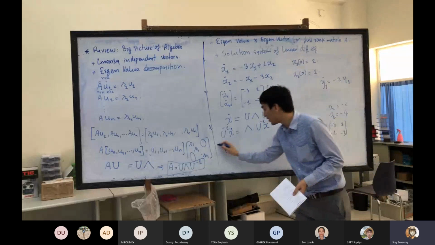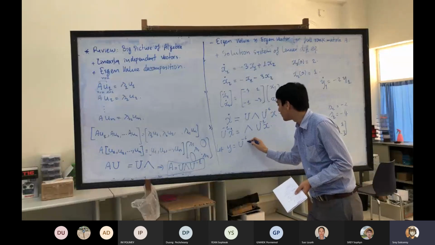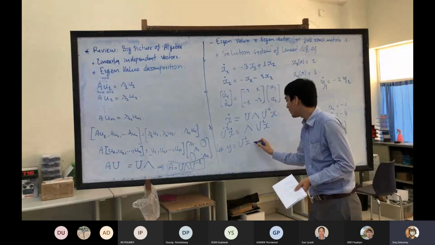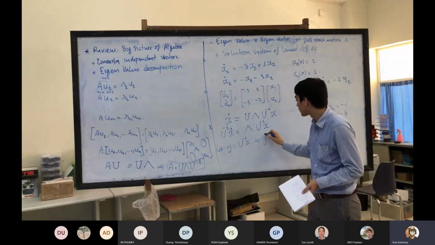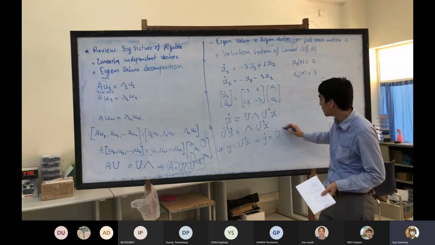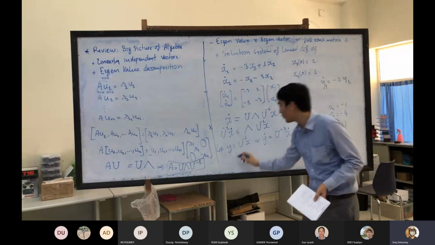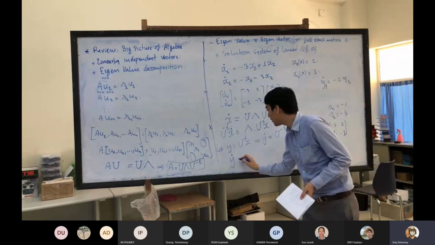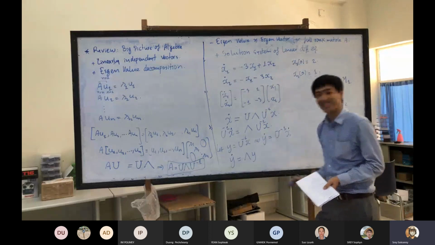So let y equal to U inverse times x. Then what you have is y dot equal to U inverse, because U inverse is just a number, times x dot. So here you have y dot equal to lambda y.